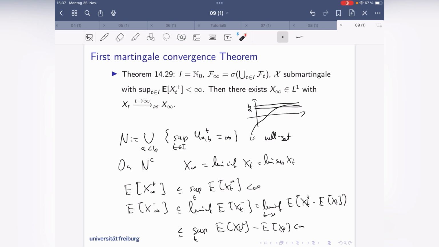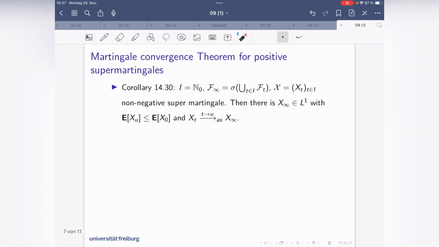And if x is not positive, this expectation here is 0 anyway. Then in this case, we have convergence immediately. That's this thing here, a non-negative supermartingale. Then we have almost sure convergence. And the proof is: apply 1429 to minus x. That's the whole proof.